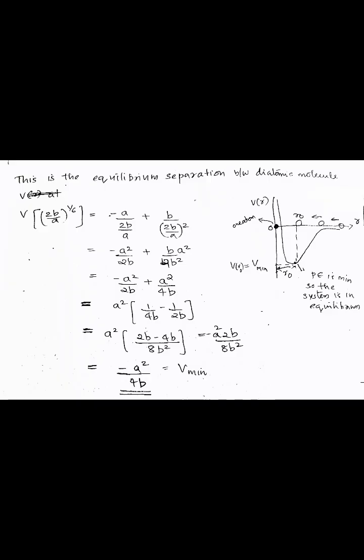This is equal to minus a square into 2b by 8b square, which is equal to minus a square by 4b, which is equal to V minimum. So this is the value of the potential at the equilibrium separation.